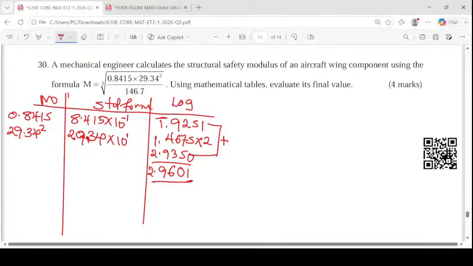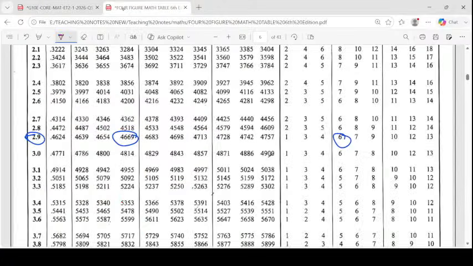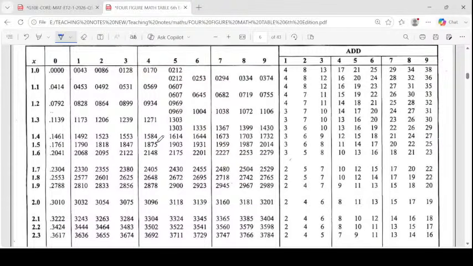That is the numerator. Then our denominator is having a value of 146.7. This will be 1.467 times 10 power 2. This will be 1.46 then 7. 1.4 is here. 6 is here. 1644.